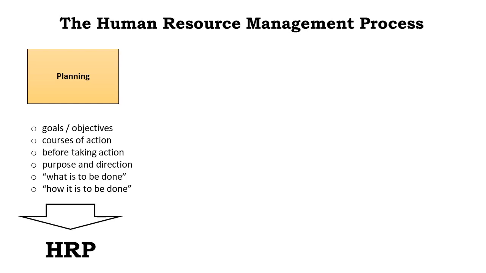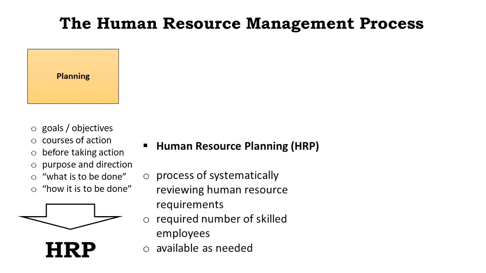This becomes the human resource planning. Human resource planning, or HRP, is the process of systematically reviewing human resource requirements to determine the required number of skilled employees so that they are available as needed by the organization.